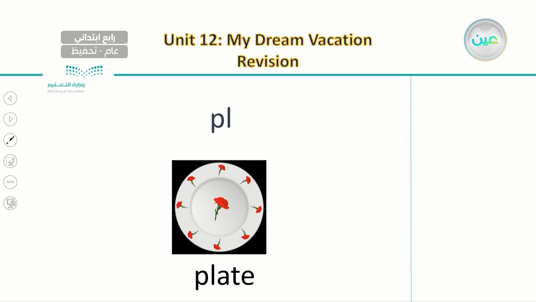Next, we have the third word with the PL sound unit, which is plate, plate, which is a plate that we usually serve food on when we eat.